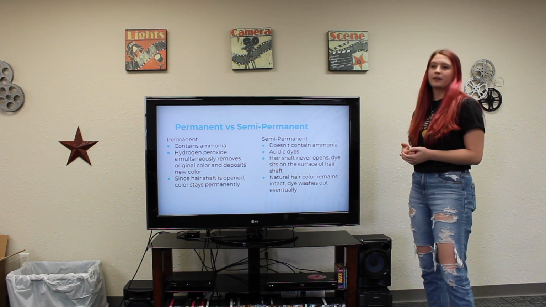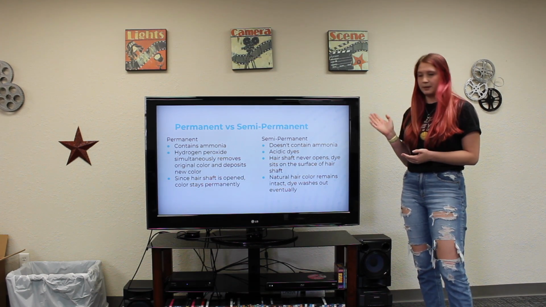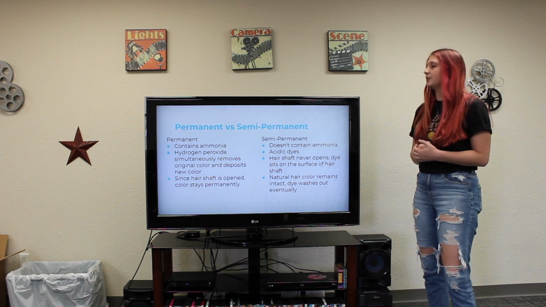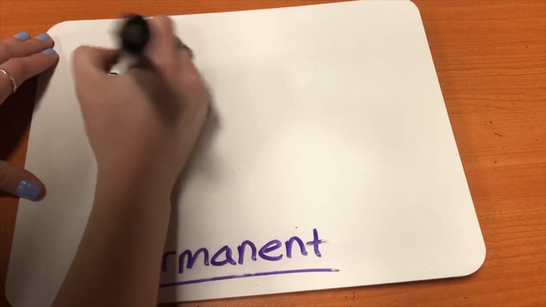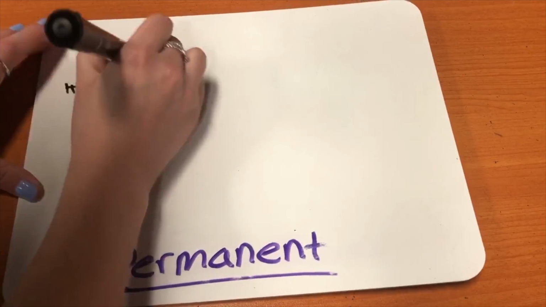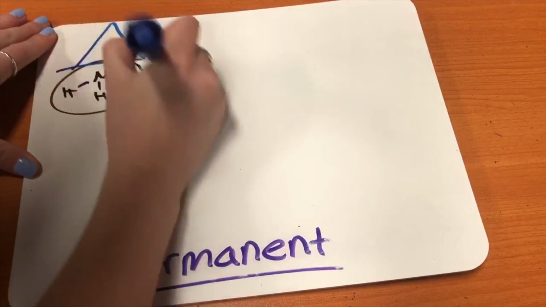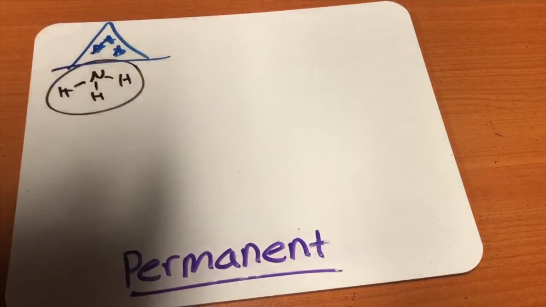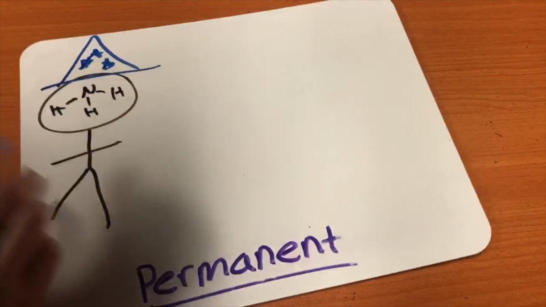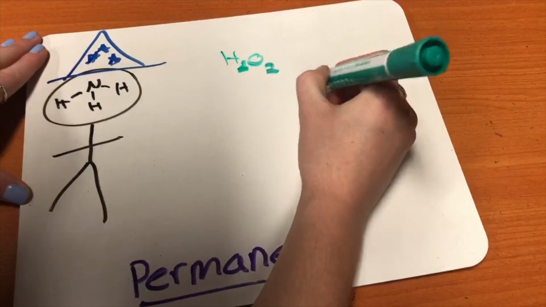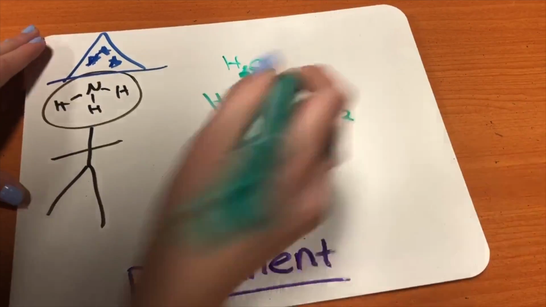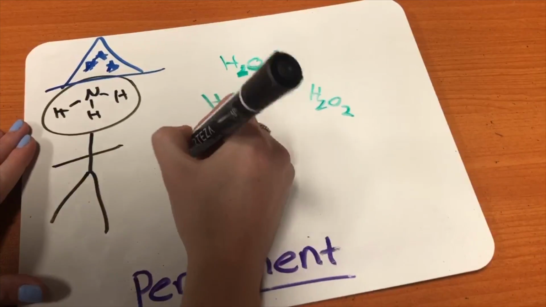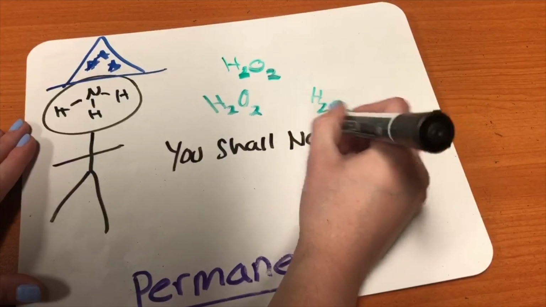Now I will go more into depth with permanent versus semi-permanent dyes. The biggest difference between the 2 kinds of dyes is that permanent dye contains ammonia and hydrogen peroxide. As Mary mentioned before, the ammonia helps to open up the hair shaft and help the color become deposited in the shaft. The hydrogen peroxide simultaneously will remove the color and help to deposit the new color in the dye.